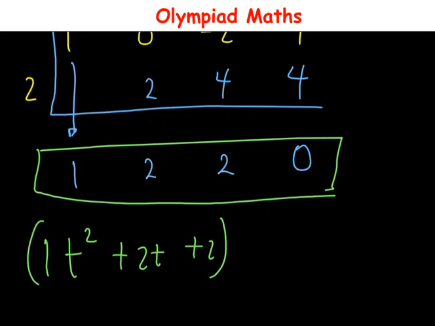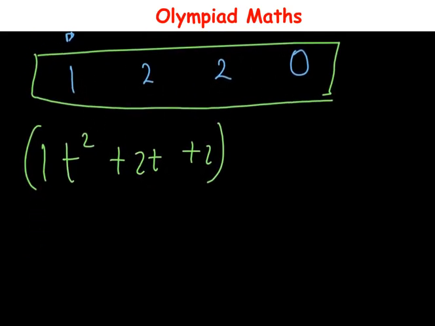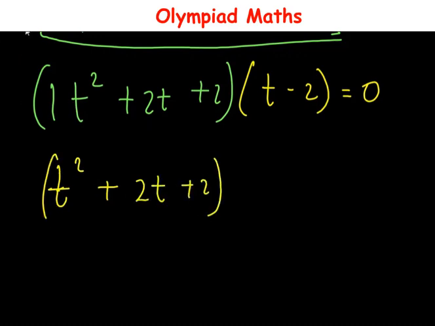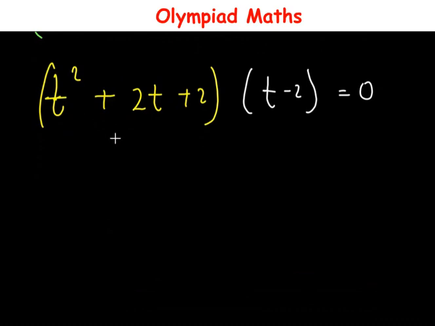Now multiply this by the factor that we got as t minus 2 is equal to 0, such that we have t squared plus 2t plus 2, multiplied by t minus 2 is equal to 0. At this junction, we can equate this to 0 or equate this to 0.